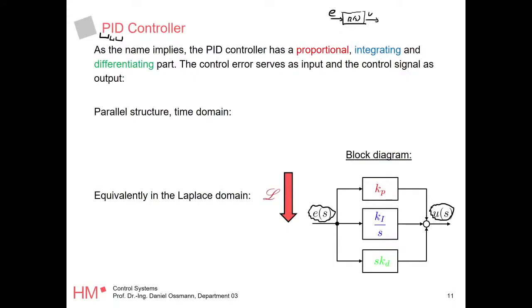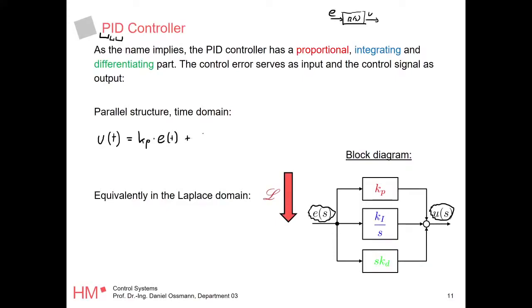Okay, so PID is pretty straightforward, so let's write down the time domain equation for our PID control system. Our output of the controller is the control input to the system, so it's U of t. We don't have any derivatives of u. On the right-hand side, we have a proportional part, Kp, times our control error.